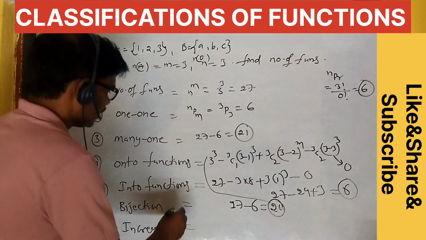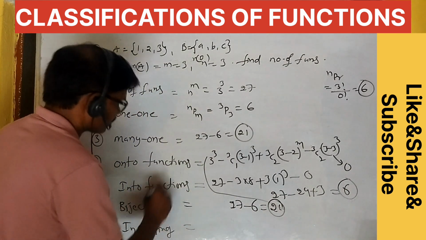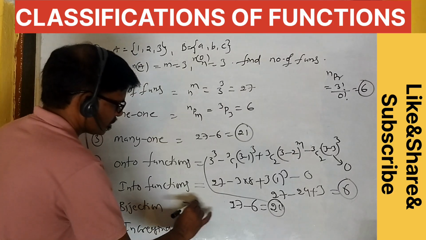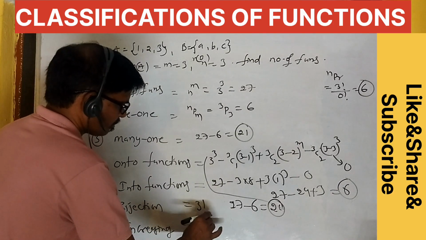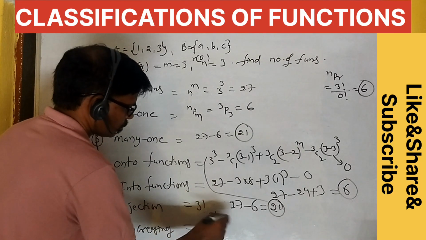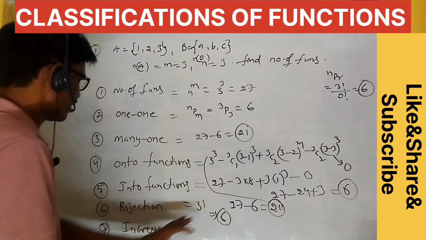Bijection functions. What are the bijection functions? How many functions are there? Both are equal means this is the 3 factorial. 3 factorial equal to 3 into 2 equal to 6. Number of bijection functions.